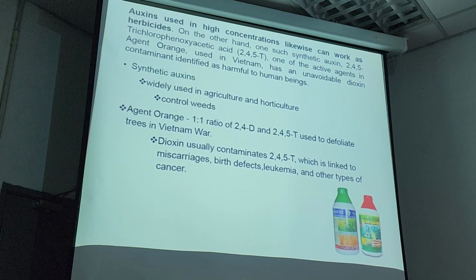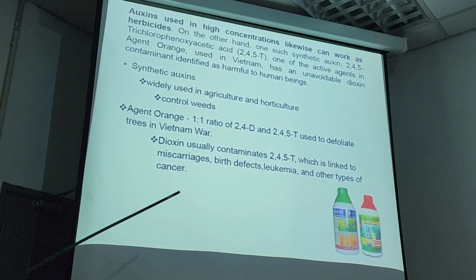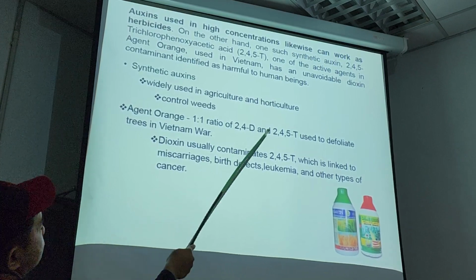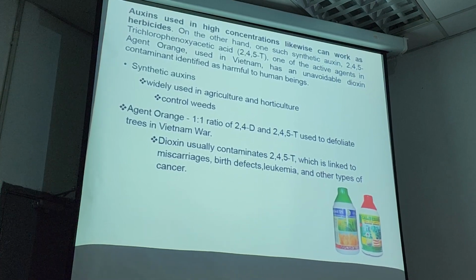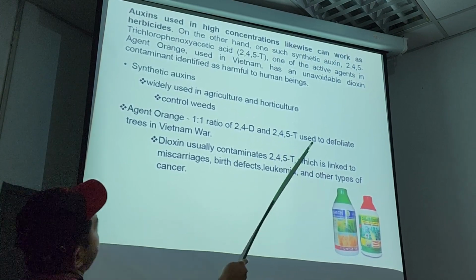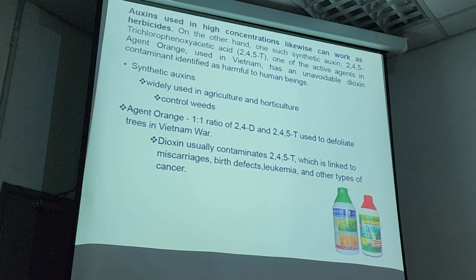So when the enemy comes from the top, can they see the soldiers hiding, concealing themselves within the forest? They can't do that, right? So they sprayed the forest with a concentrated mix of two kinds of auxin, 2,4-D and 2,4,5-T.